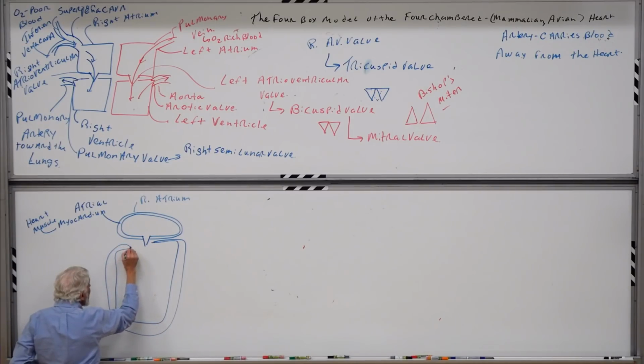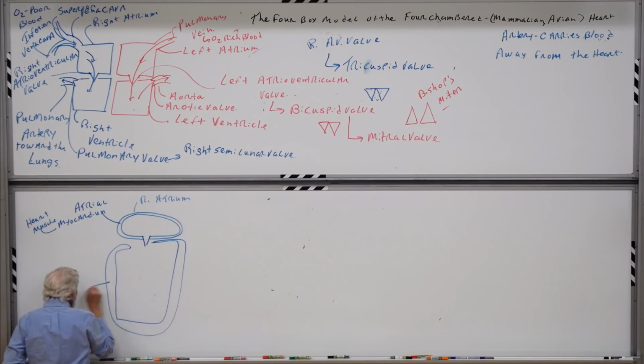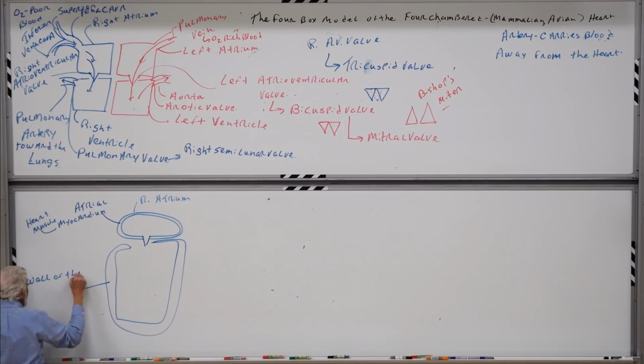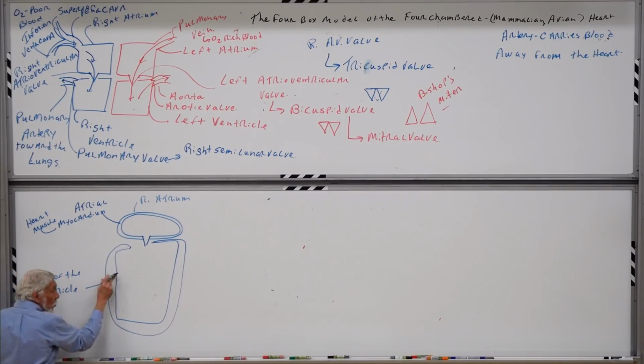But what we've added in here is this structure, which is the wall of the ventricle. The wall of the ventricle is almost entirely cardiac muscle, so we call this the myocardium.